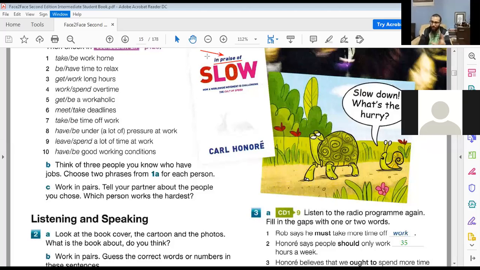It means I'm saying good things about you or about your work. This is the meaning of praise. So the name of the book is In Praise of Slow.